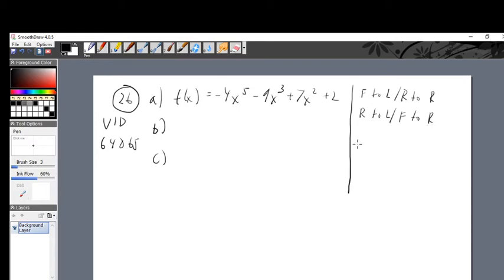Does it rise to the left and rise to the right? Does it fall to the left and fall to the right? And you're going to have to pick in the box which one each of those would belong to.